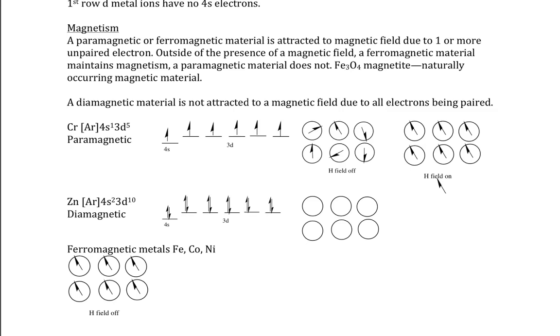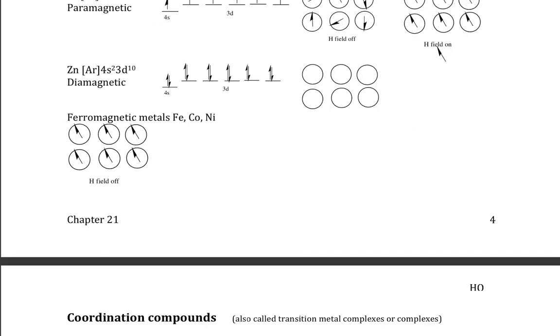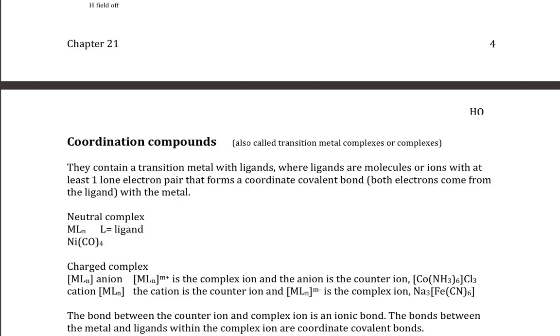So even with the magnetic field off, iron or cobalt or nickel, which are all ferromagnetic materials, would behave as magnets due to their unpaired electrons and the fact that they can hold on to that orientation without a magnetic field.